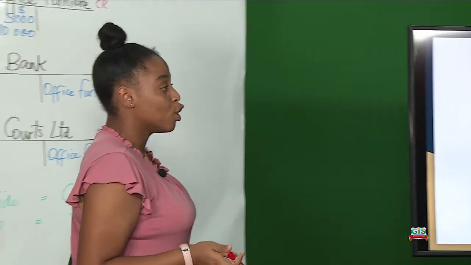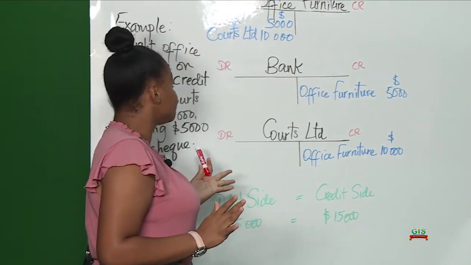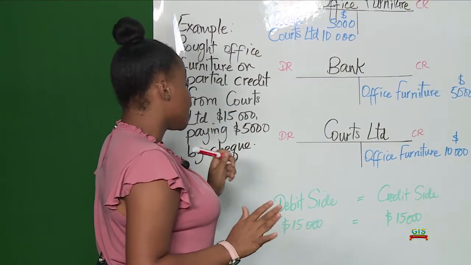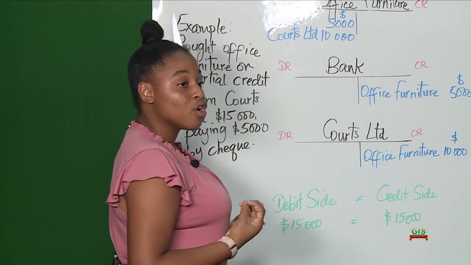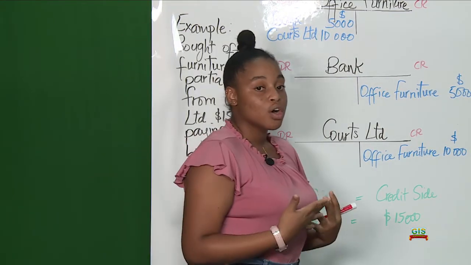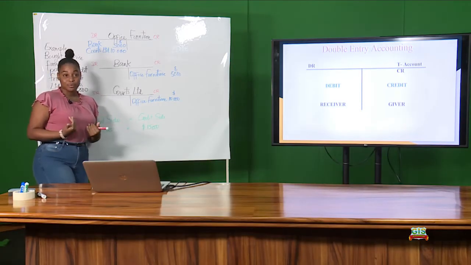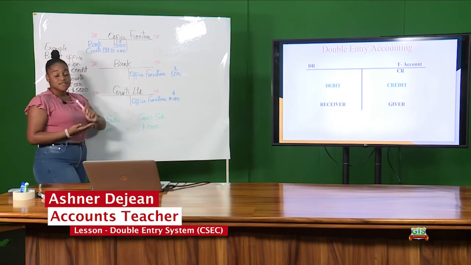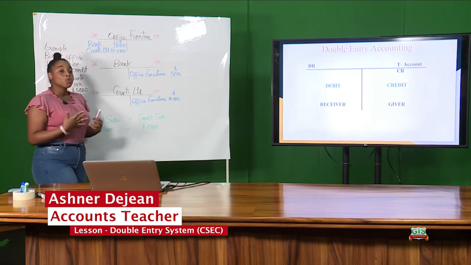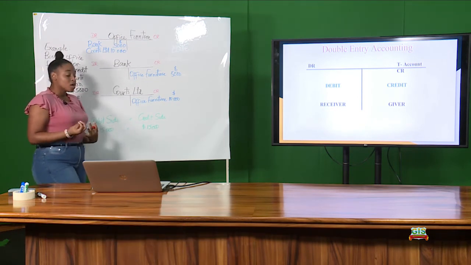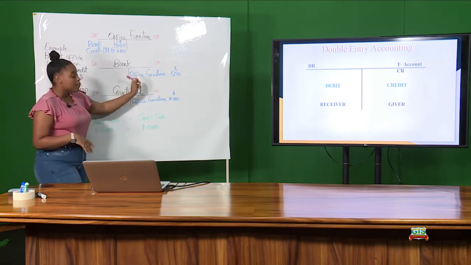For instance, following our same example, you are buying office furniture. That means you are acquiring office furniture. The office furniture account is receiving the benefit. It is increasing in value. So we debit the office furniture account. Who is it receiving the benefit from? It's receiving $5,000 of the benefit from the bank account.